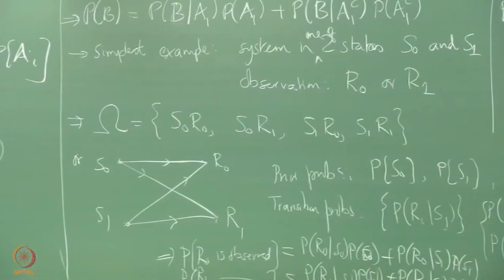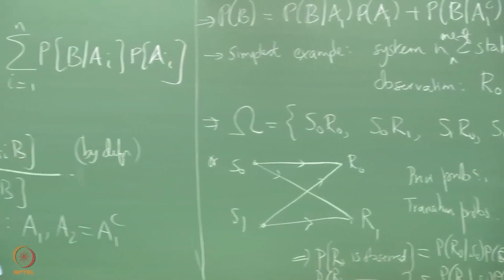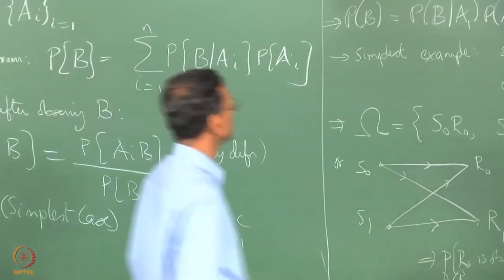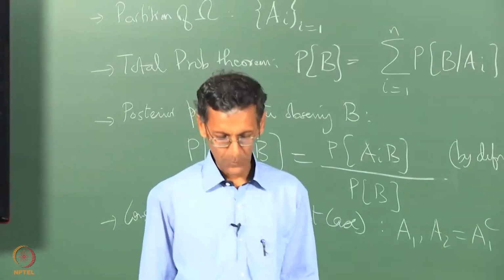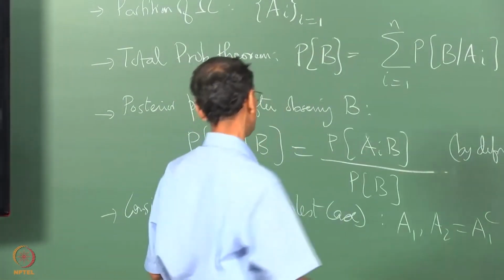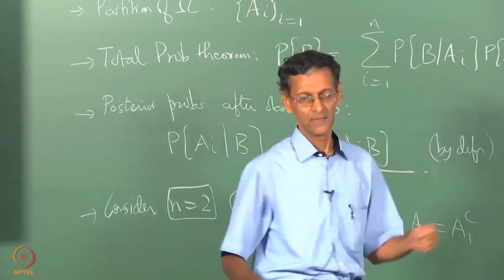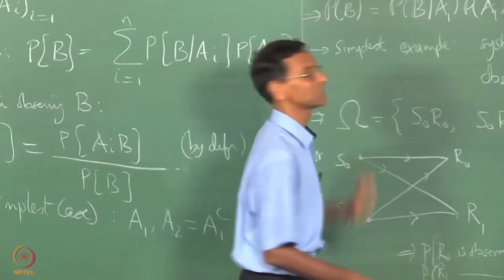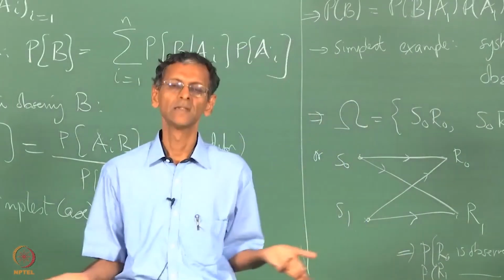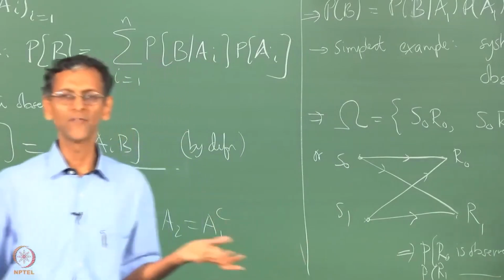So let us use this simple formulation to figure out, for example, the probability of error. Assume that if you see R naught, you are going to decide that S naught was the hidden state. Let us say we have a decision rule like that.